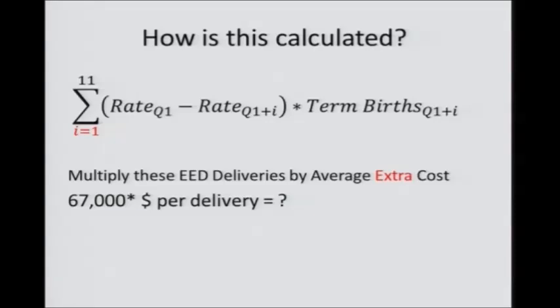And I'm just highlighting this i equals 1 because I think in your notes I put Q1, and you don't want to change that. If you don't fix the baseline, you're only going to get an incremental change, not total change. So you need to fix that first rate that you're using.